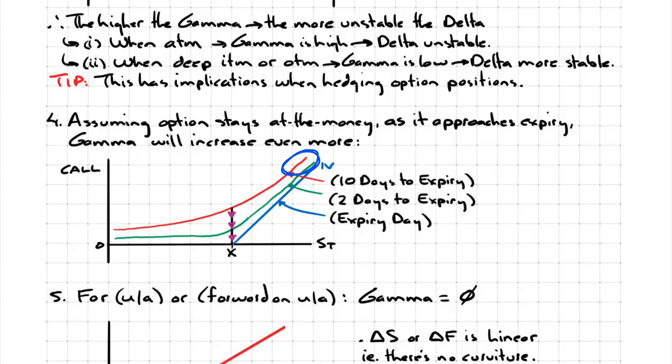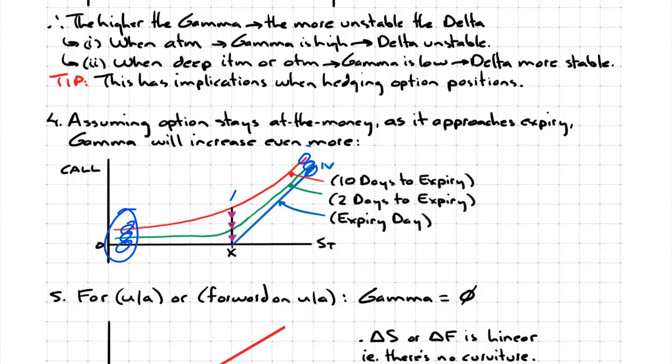You could see that going from the red line to the green line to the black line, delta is pretty close to 0 here. And similarly, at this end, when the option is very deep in the money, all these deltas at that price are very close to 1. But over here, you can see that it's actually moving inwards.